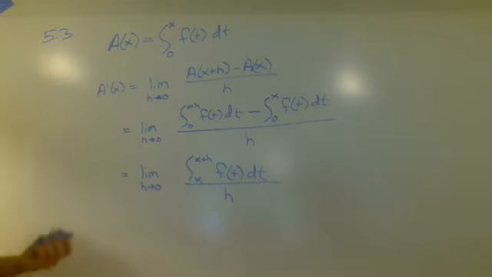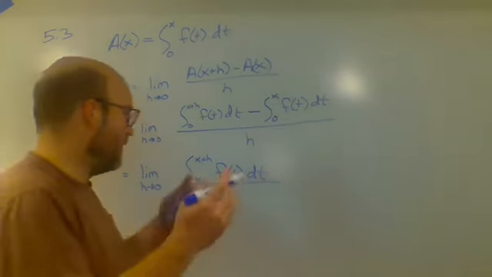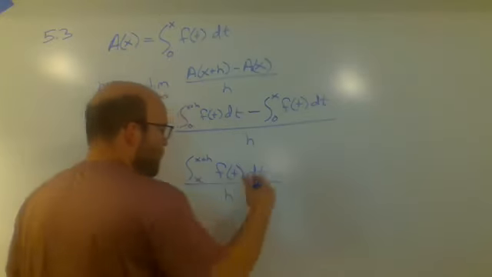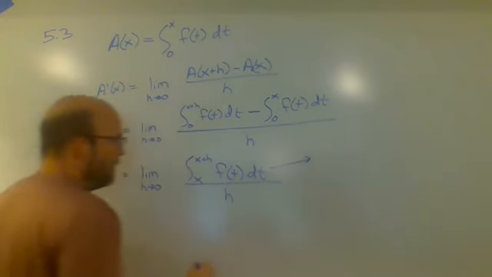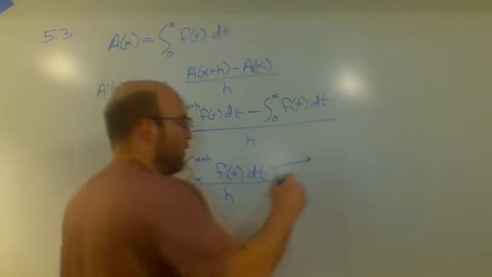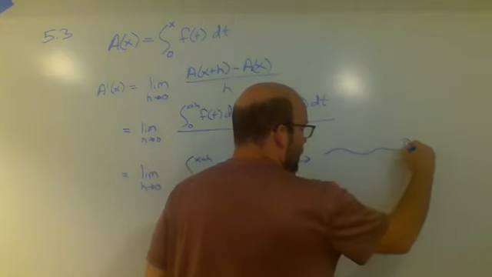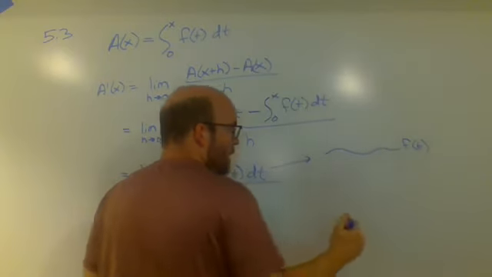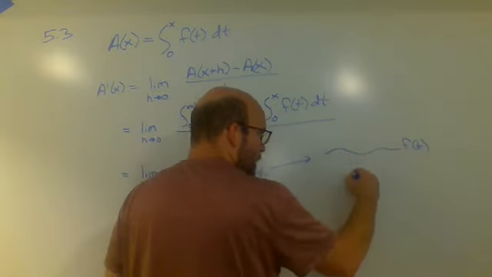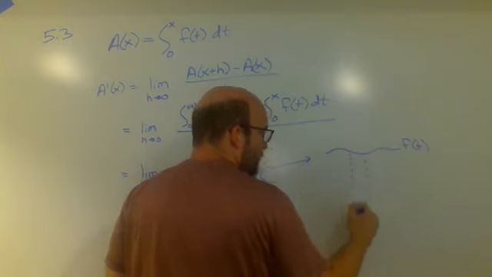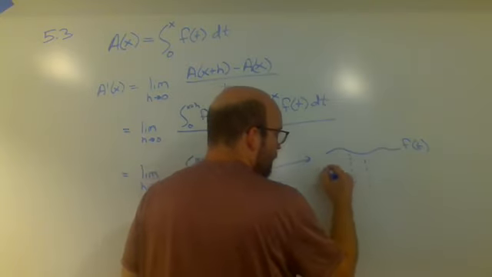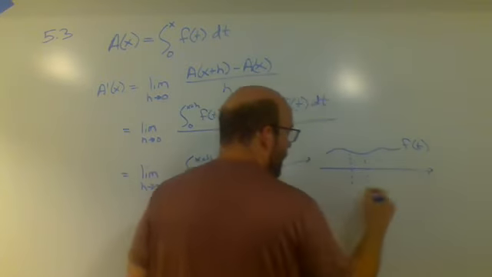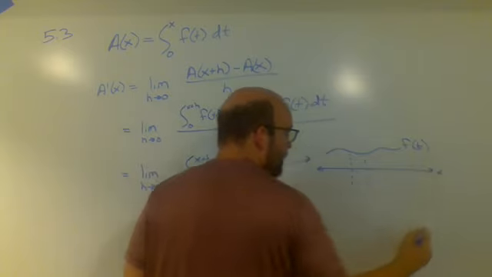Okay, so from here, we just have to do a tiny bit of drawing and geometry. We can make sense out of that definite integral. I'm just making something up here. There's your graph of, say, f of t. And there's your x-axis.